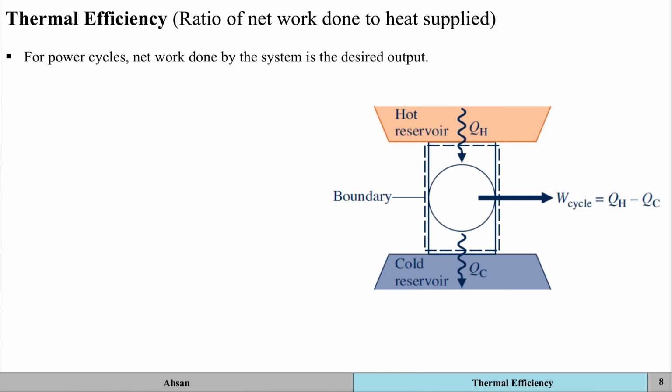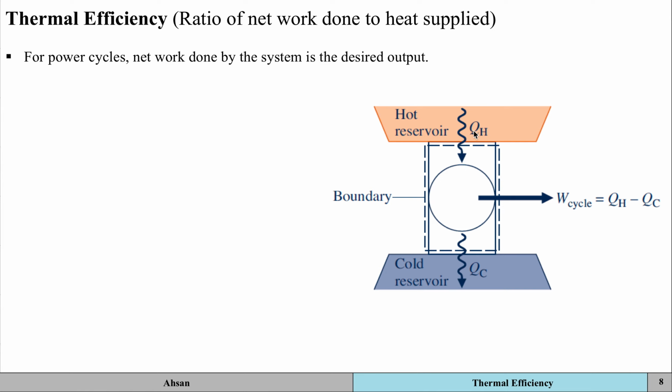Okay. So if you look at this diagram, what's happening is that energy is being transferred from a higher temperature source to a lower temperature level. Okay, QH over here is the heat energy that is being transferred into the system. This is our system, represented by the dotted lines.